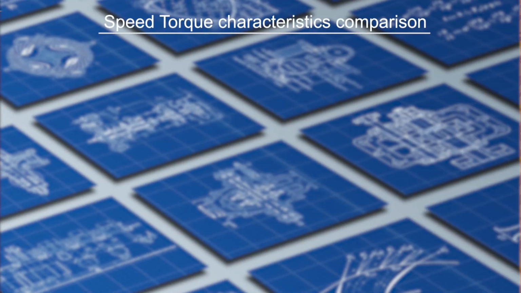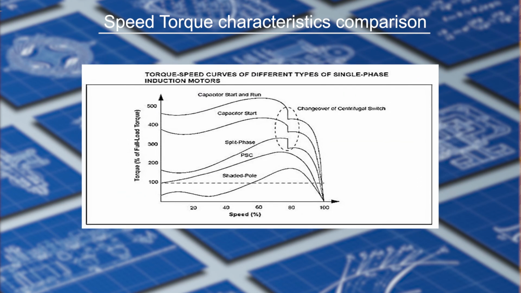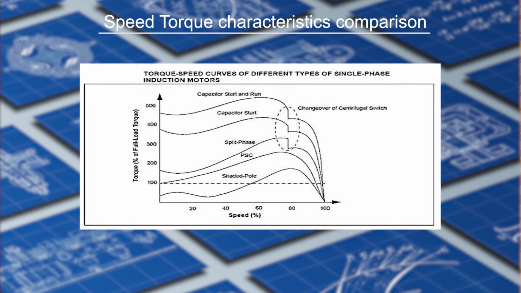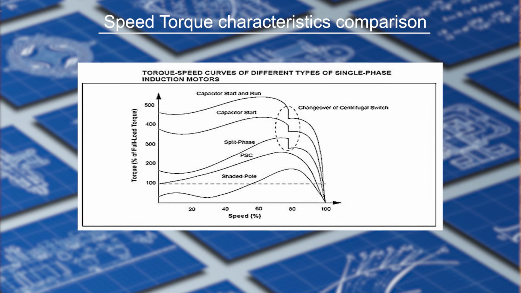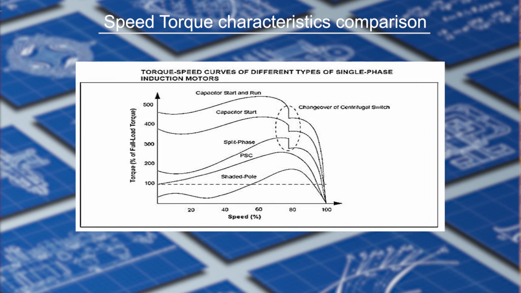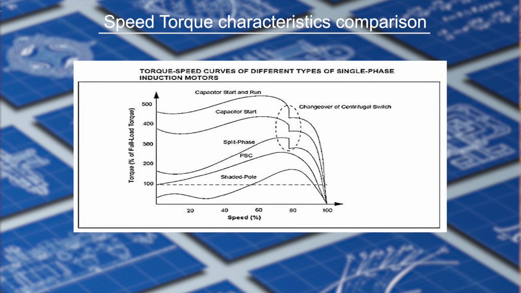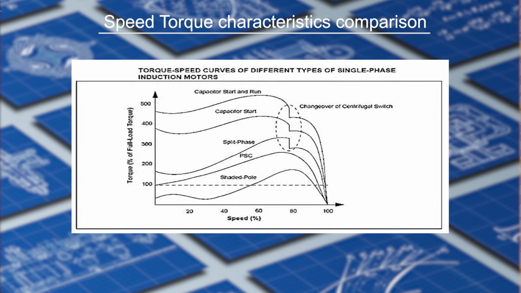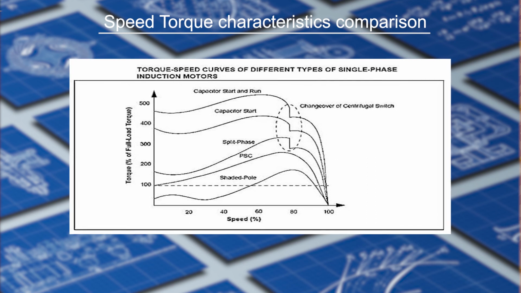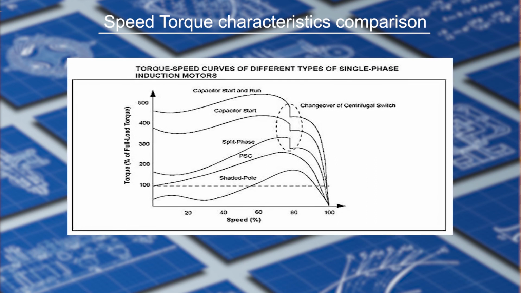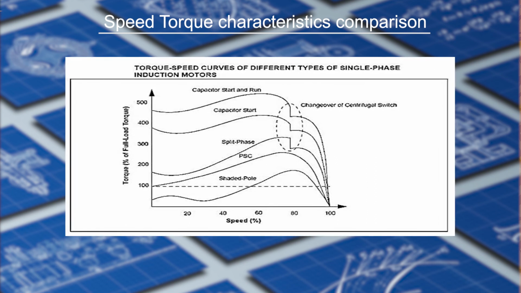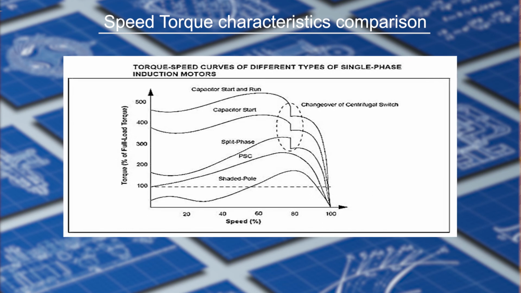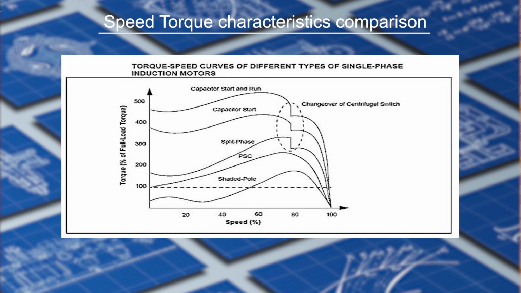Now, this is a common speed torque characteristic curve, which shows that the capacitor start and run motor has a very high starting torque, followed by capacitor start, then split phase, then permanent magnet capacitor motor and permanent capacitor motor, and then shaded pole motor.